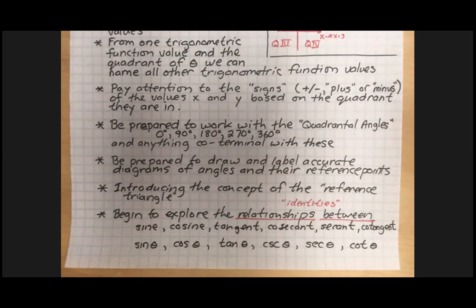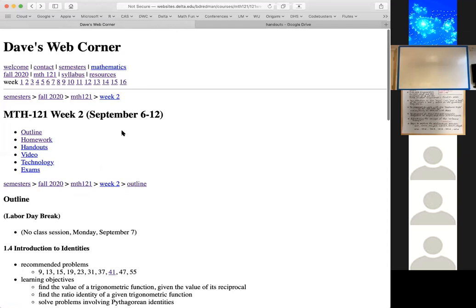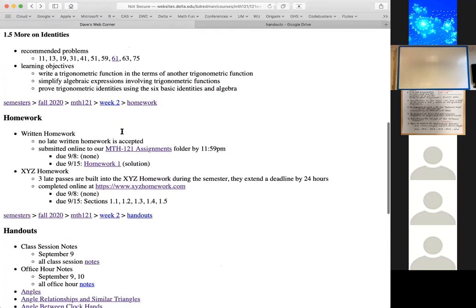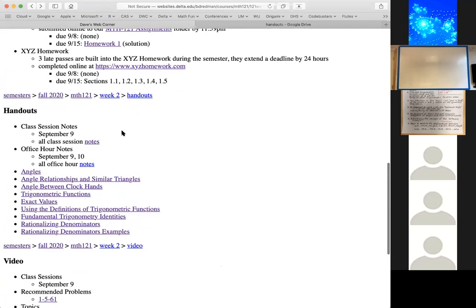When I say to remember all these things, identities and things like that, I want to point you back to one of our formula sheets. Different people do things differently in different classes, right? If we were in a face-to-face class, people would say, can I have formulas on the test?